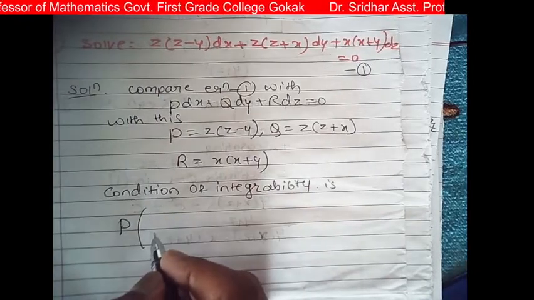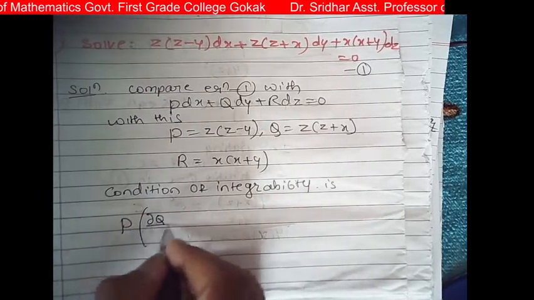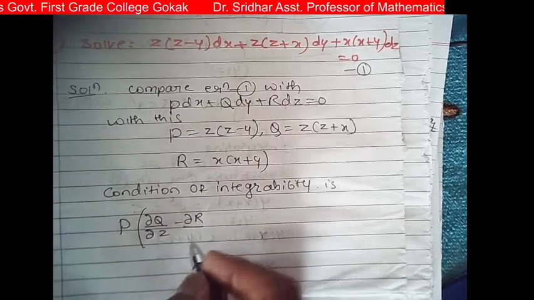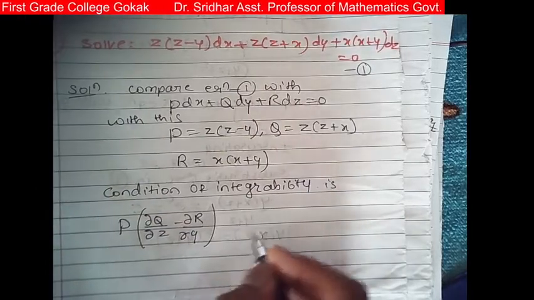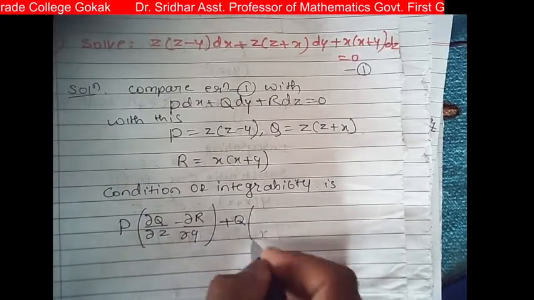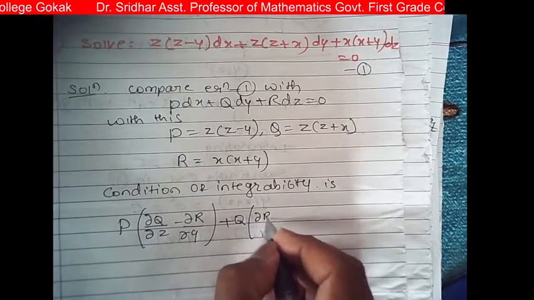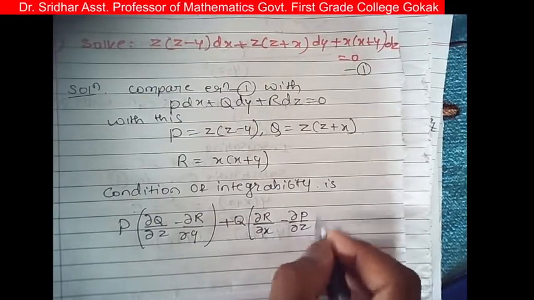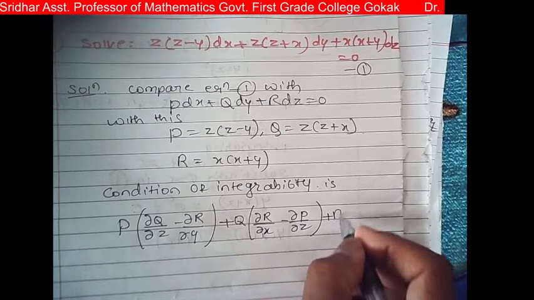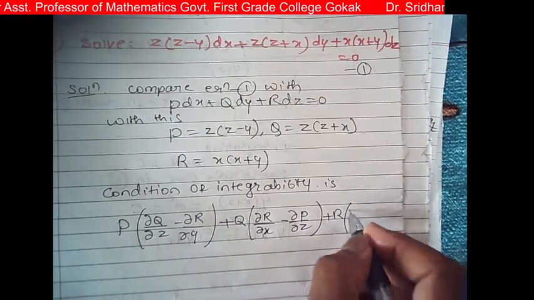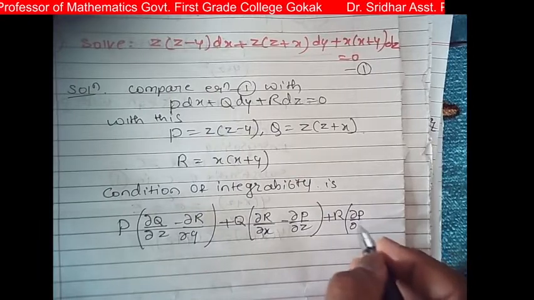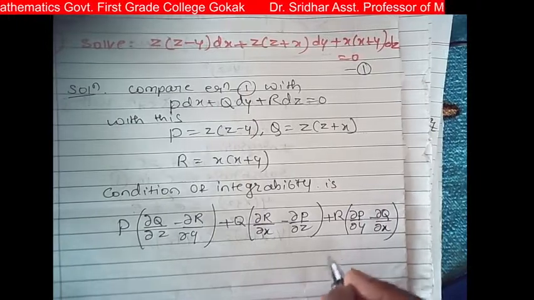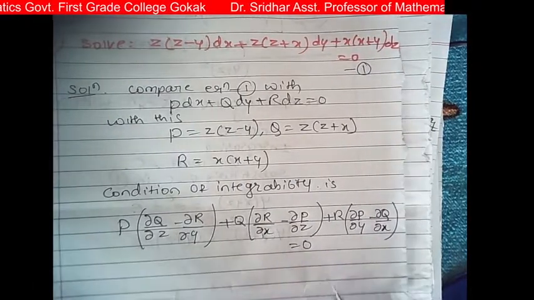Capital P into bracket dou Q by dou z minus dou R by dou y, plus Q into dou R by dou x minus dou P by dou z, plus R into dou P by dou y minus dou Q by dou x is equal to what? Is equal to 0 we should get.